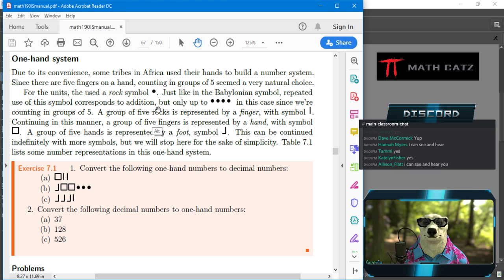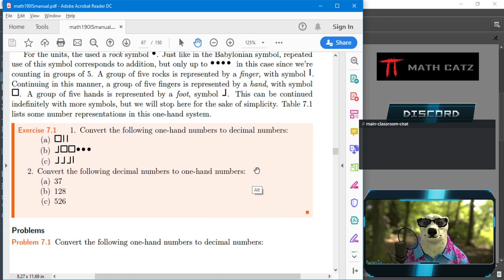We are counting in groups of 5 with symbols to represent the different groups of 5, rocks being the single unit, then fingers, groups of 5, hands, groups of 25, 5 fingers, and so on. And then we stop it before it gets out of hand.